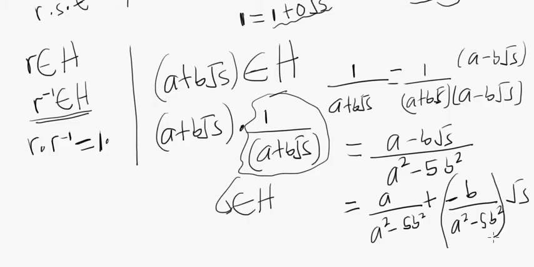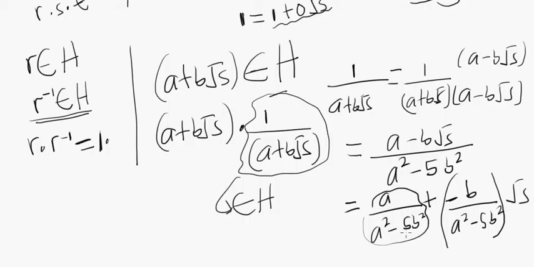Well, notice the form of this. All these elements A and B are rational numbers. So this entire thing here is a rational number. We also know that this is also a rational number. And so this element, 1 over A plus B root 5, the proposed inverse of A plus B root 5, is of the correct form for an element to belong to H.